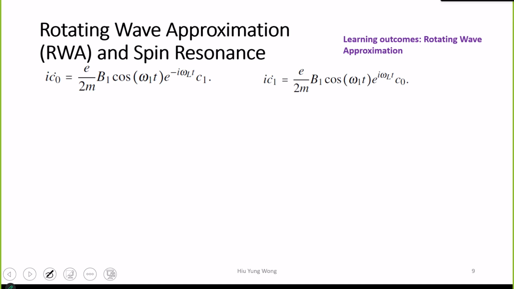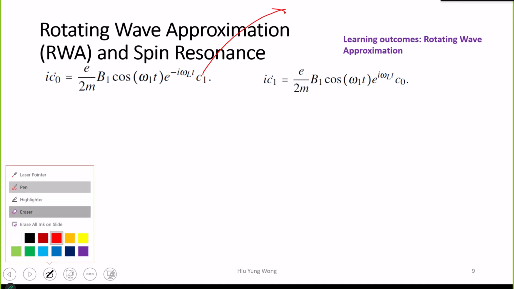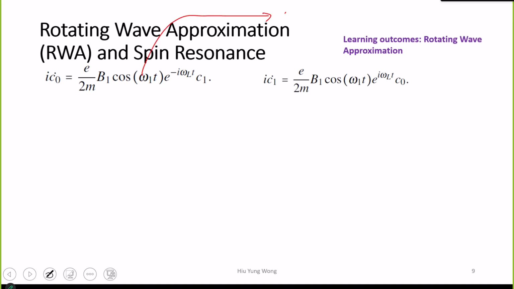For this cosine omega 1t, if you forgot, I want to express cosine theta in terms of exponential.